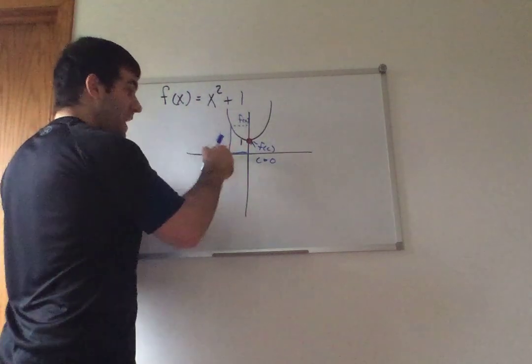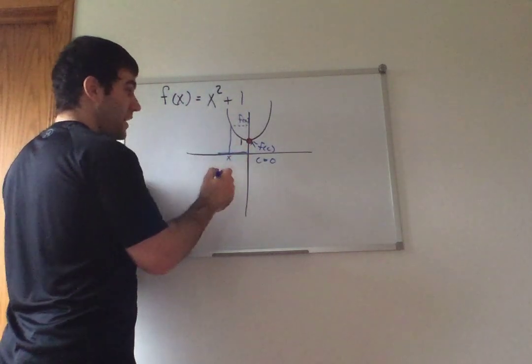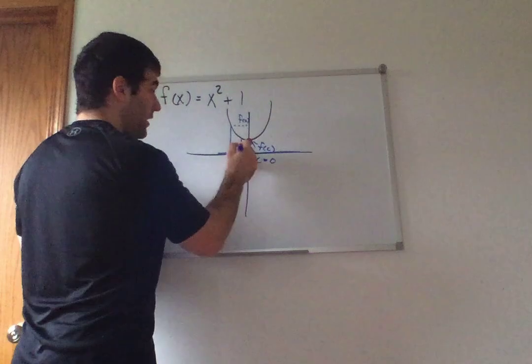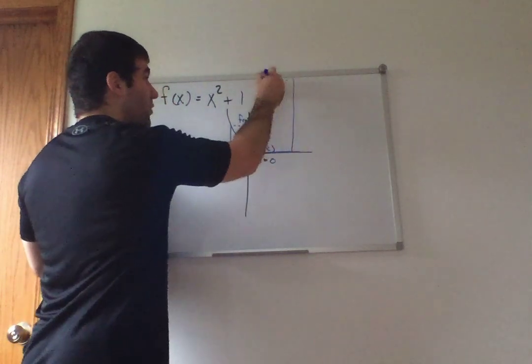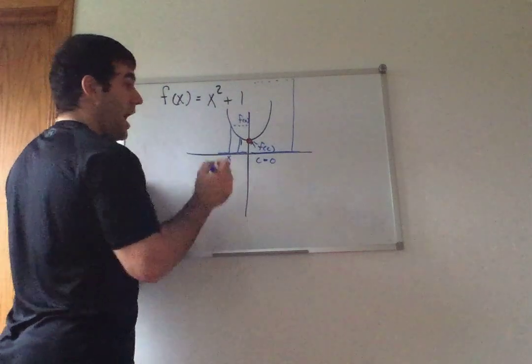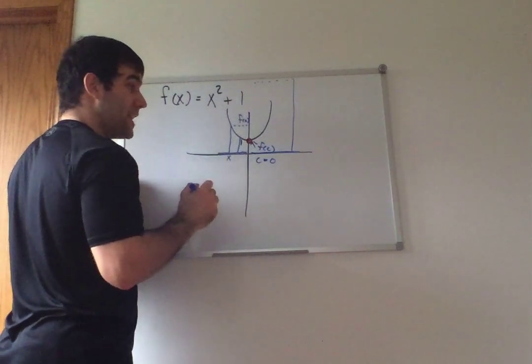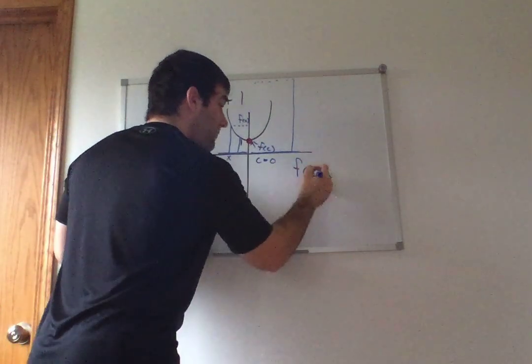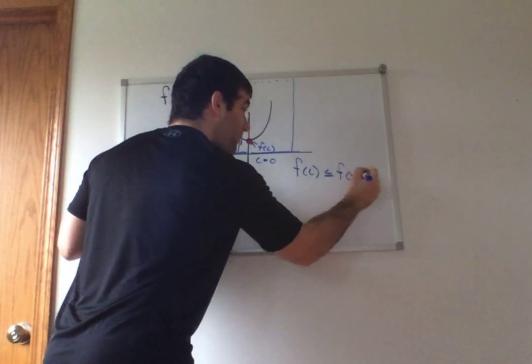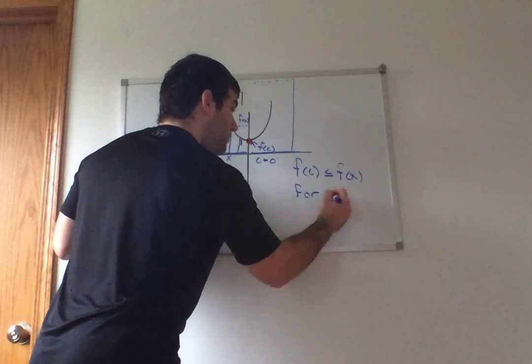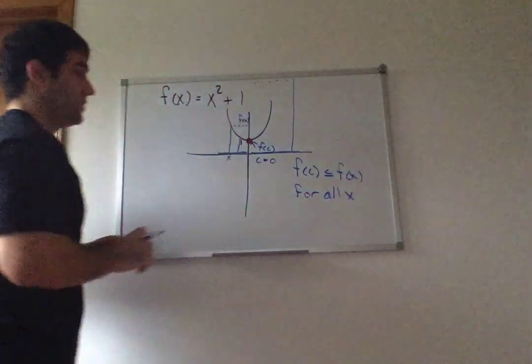But any x value that I pick anywhere in the domain, it could be really close, it could be really far away, if I go over to the y-axis, I always have this inequality: f of c is less than or equal to f of x for all x.